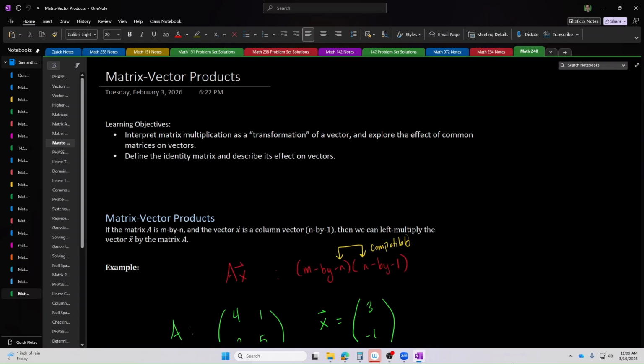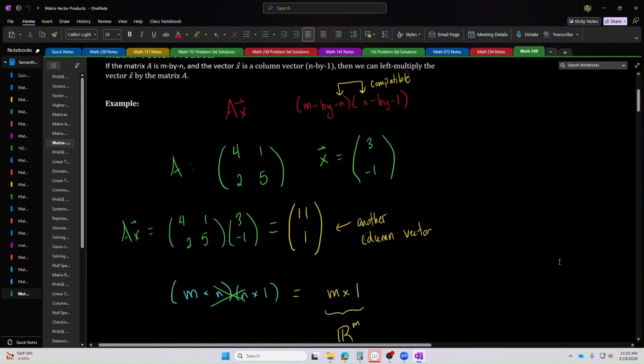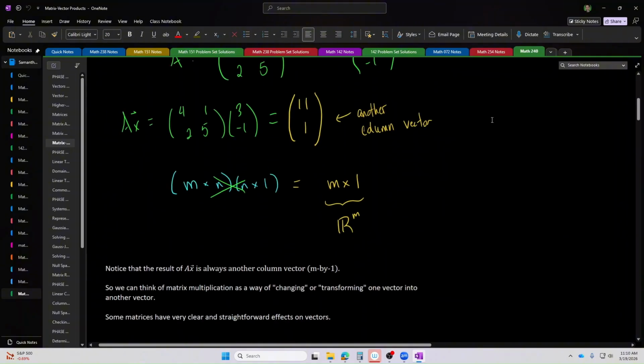So, a couple of lessons ago, when we talked about matrix vector products, we talked about how when you multiply a vector by a matrix, you can think about that as essentially transforming or changing that vector. Because when you multiply a vector by a matrix, what you get is another column vector as a result of that.